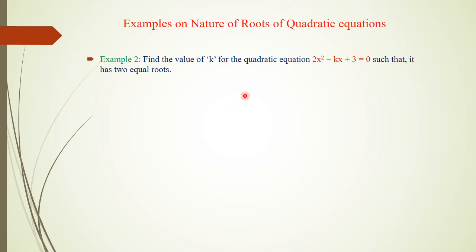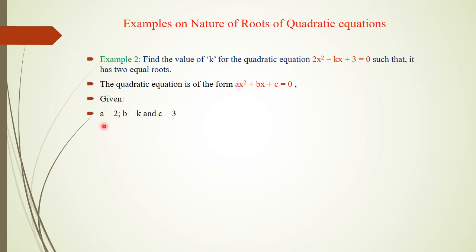Making use of the nature of roots by discriminant value, I'll first note down the quadratic equation in the standard form, and I'll note down the given values: coefficient of x square, a, is 2, coefficient of x, that is b, is nothing but k here, and constant term c is equal to 3 here. Now I need to find this k term.